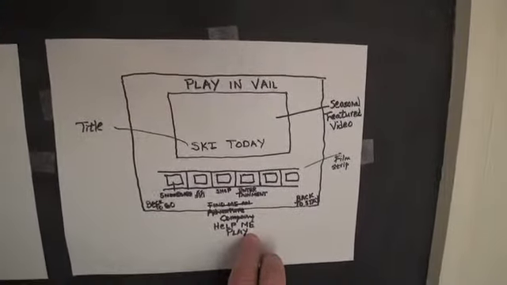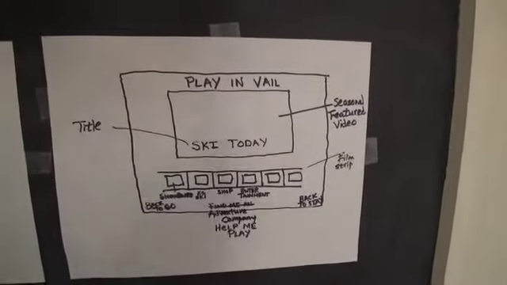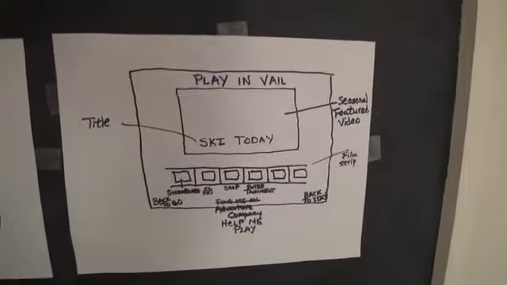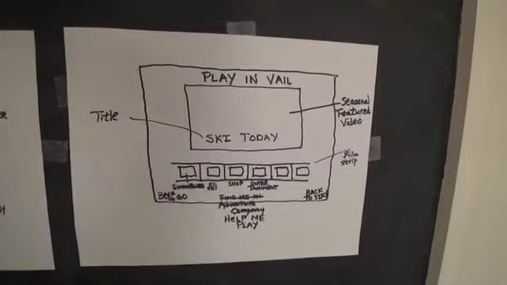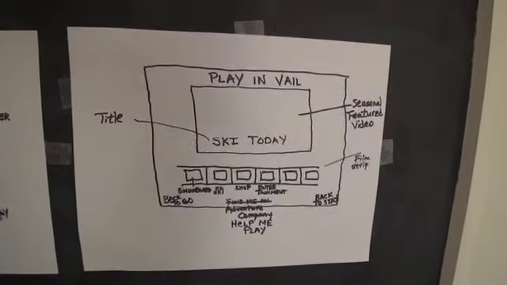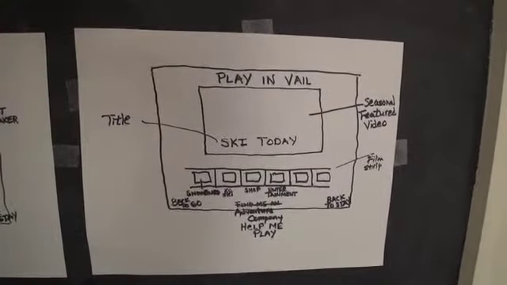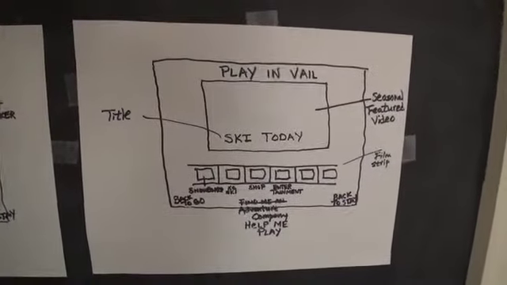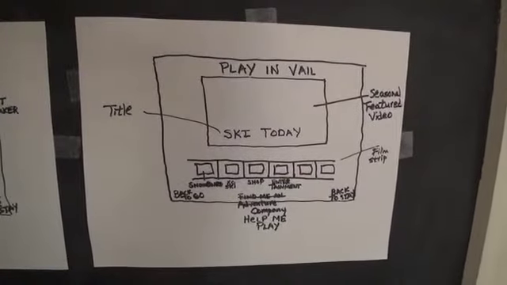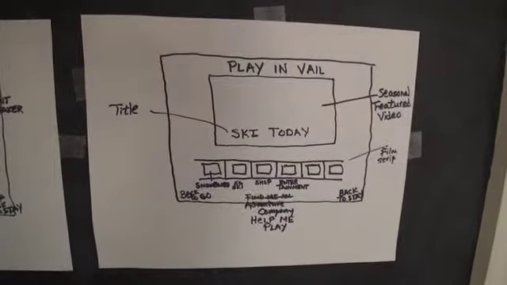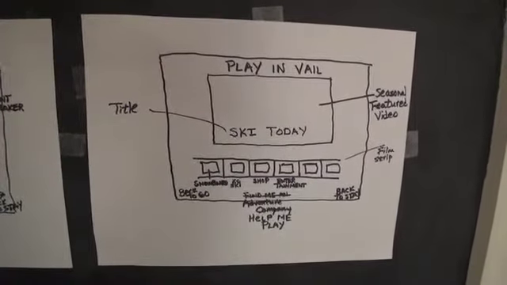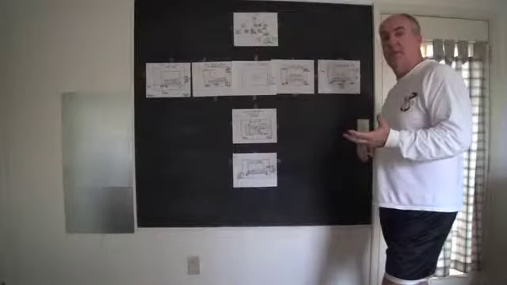That means they'll go to a page basically for people like the whitewater rafting companies, or the ski rental places, or just places that want to generate their own business out of this. So we'll be charging those people to be on our site. And that's the Play in Vail.